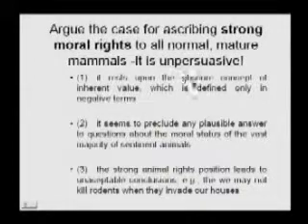It rests upon the obscure concept of inherent value, which is defined only in negative terms. It seems to preclude any plausible answer to questions about the moral status of the vast majority of sentient animals. The strong animal rights position leads to unacceptable conclusions, that we may not kill rodents when they invade our houses, for example.